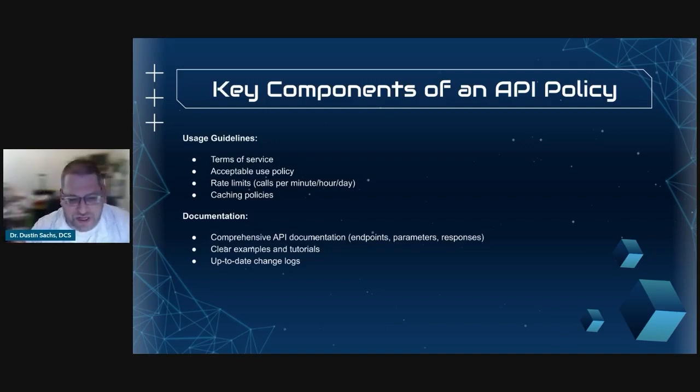You're going to have these types of examples or tutorials. You're going to require these change logs. Change log needs to be completed every time there's a major change, or every time there's a minor change, or anytime there's any change. And here's how often that should be updated. Here's where it should be stored as well.